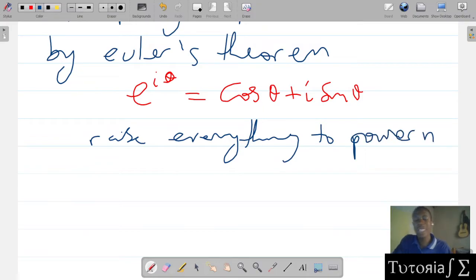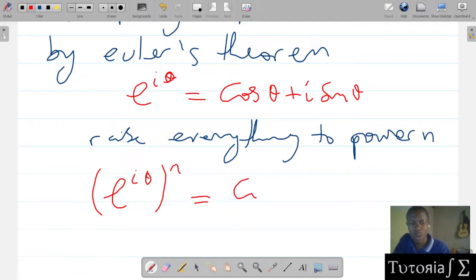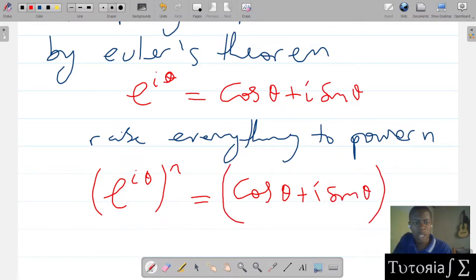so now if we raise everything to the power n, what are we going to have? We're going to have e to the i theta, everything raised to the power n, and what we do to the left hand side we also do to the right hand side, cos theta plus i sine theta, everything raised to the power n.